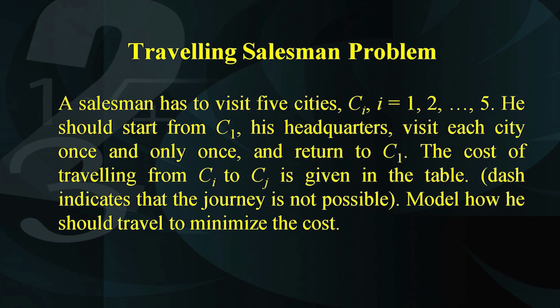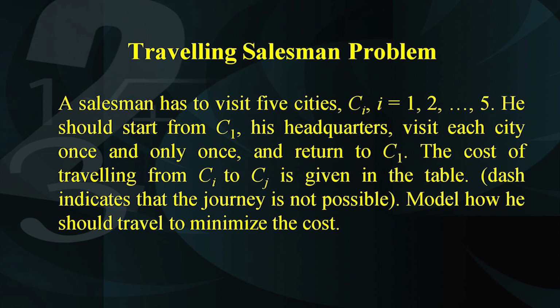So, the salesman has to visit, let us say 5 cities in this example, and these cities are called C1, C2, etc. He should start from the city number C1 and he has to move to all the cities in such a way that he visits each of the cities once and only once, and finally returns back to the city number 1.